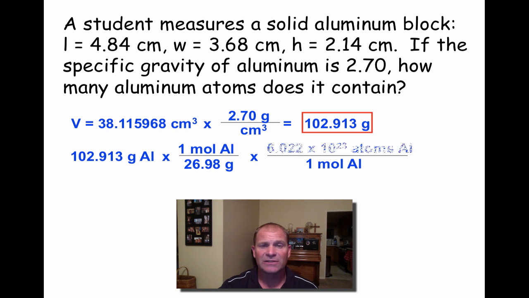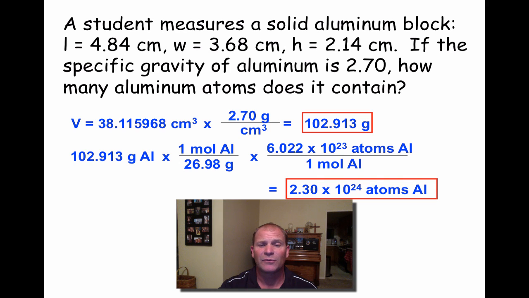In this situation, it's atoms. So my moles cancel out, I convert to atoms. So I will take 102.913 times 6.022 times 10 to the 23rd divided by 26.98, and that will be my answer. Now sig figs, I go back to my original values. Each of my original values, my measurements, have 3 sig figs. Therefore, my answer has 3 sig figs.